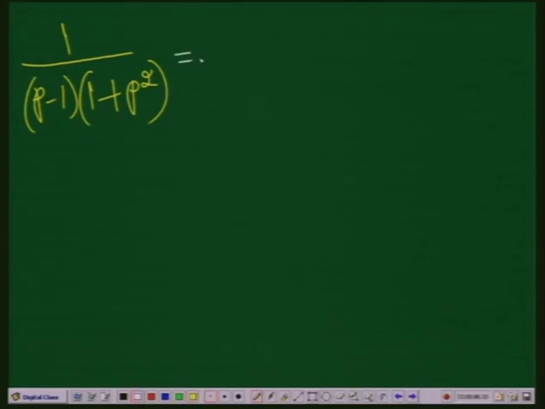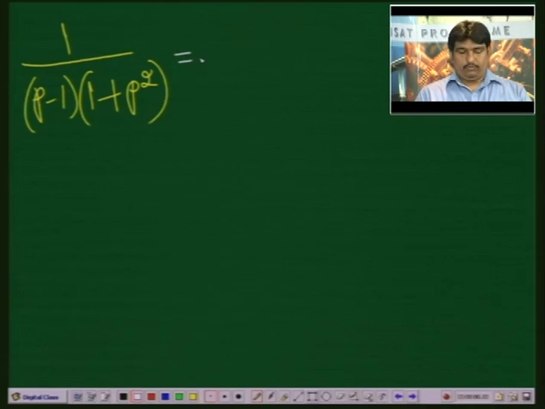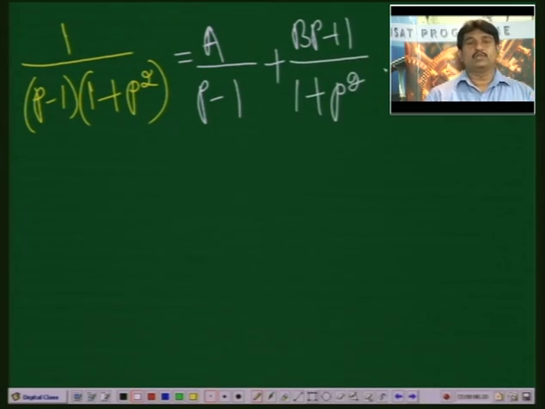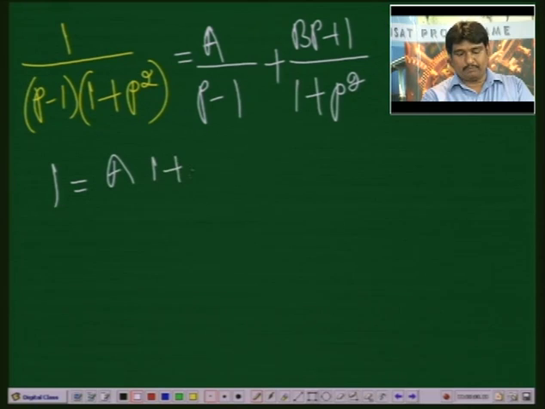This is equal to a divided by p minus 1 plus, for this quadratic factor, bp plus c divided by 1 plus p square.